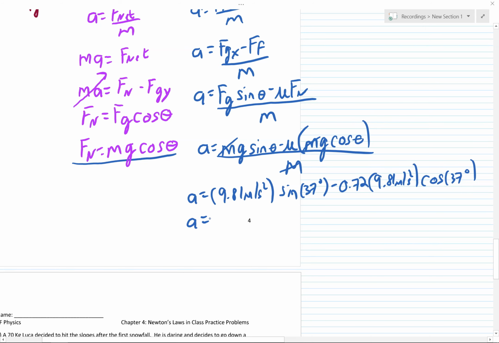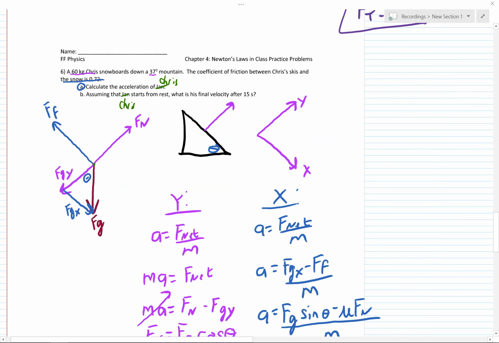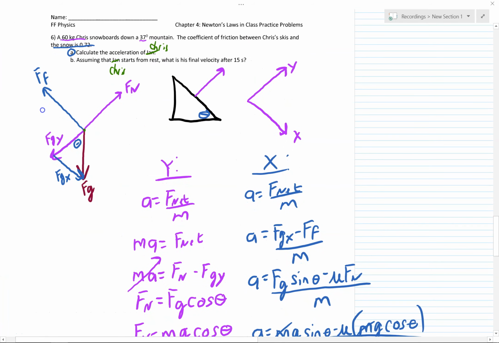Plug and chug and we get an acceleration of Chris/Ian to be 0.26 meters per second squared. And that's letter A. What is Ian/Chris's acceleration?